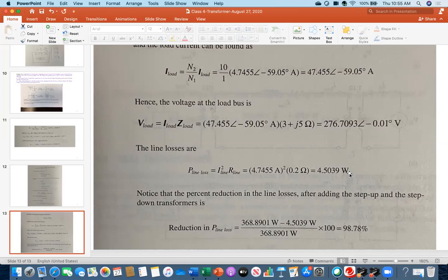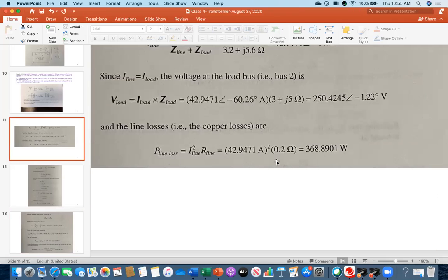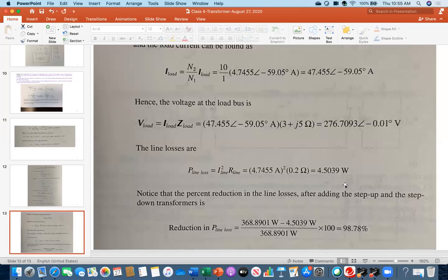So in this case, you see the loss value is fairly low, 4.5039. But everybody see, in the previous case, what was the line loss value? This one. It was quite high because there was no transformer. In this case, the transformer helped to reduce the losses. So here I am just calculating the percentage of reduction in the line loss.